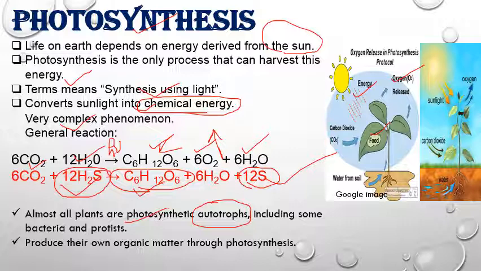And there are some bacteria like sulfur bacteria and some protists like Euglena that have the pigment chlorophyll, and they can synthesize their own food. This photosynthesis results in the formation of organic material, which is used for various life processes.